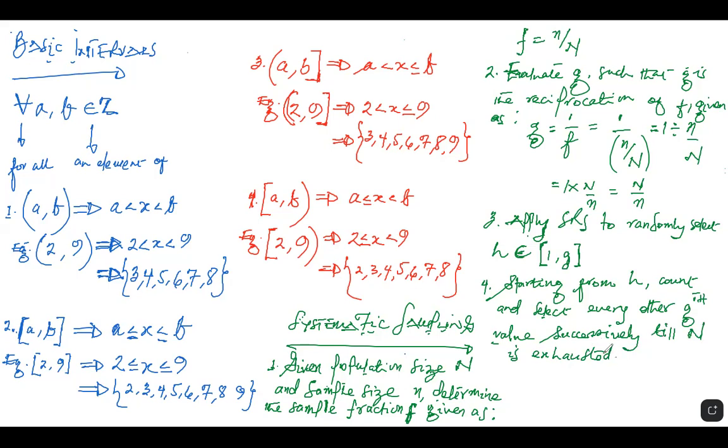All right. So we begin from H and then we count every gth element or unit successively, continually. We do this all the way till we hit the population size.